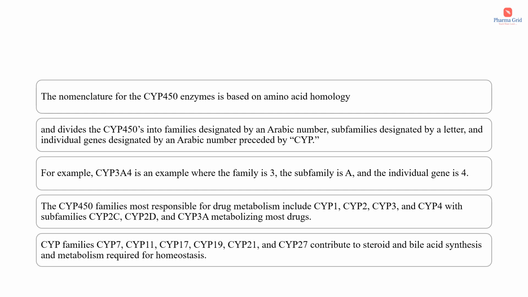The cytochrome P450 families most responsible for drug metabolism include CYP1, CYP2, CYP3 and CYP4, with subfamilies CYP2C, CYP2D and CYP3A metabolizing most drugs. CYP families CYP7, CYP11, CYP17, CYP19, 21 and 27 contribute to steroid and bile acid synthesis and metabolism required for homeostasis.